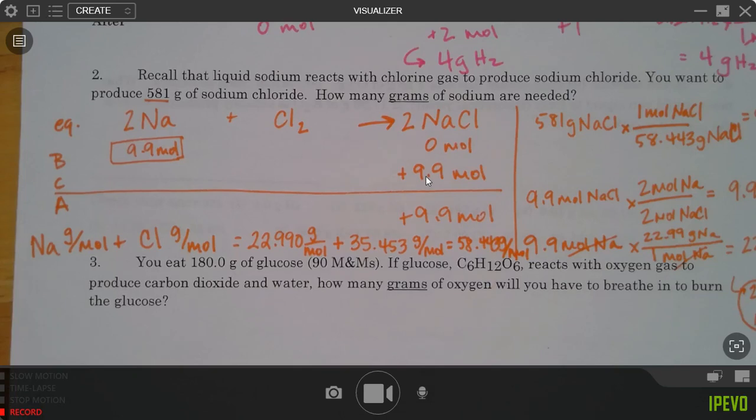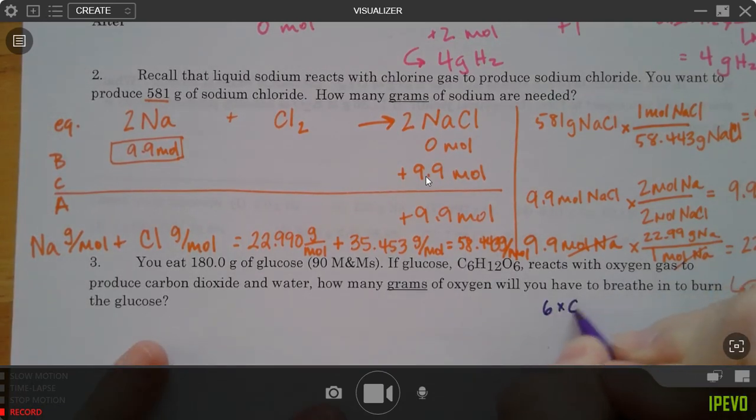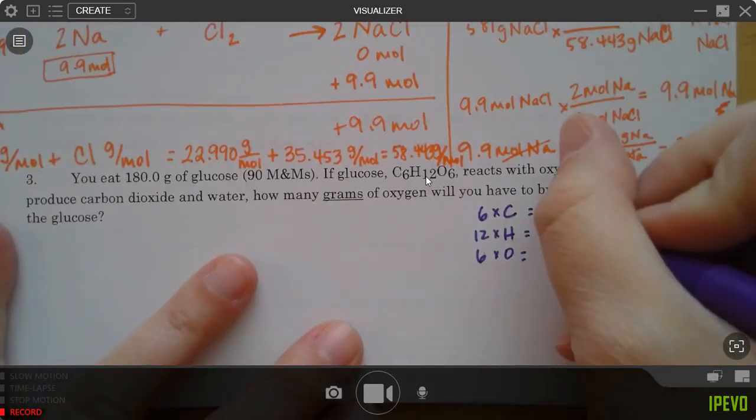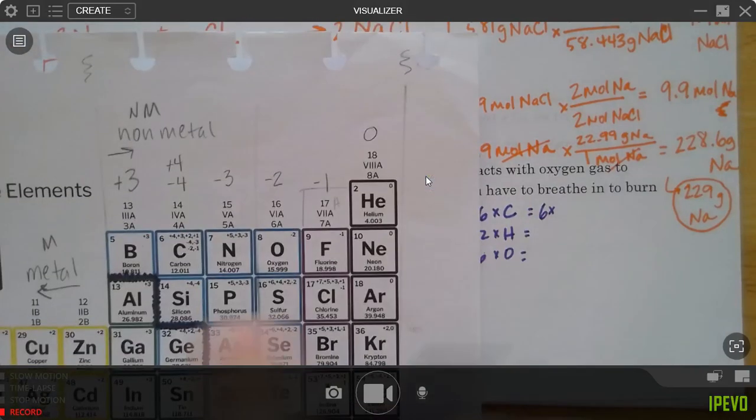Let me just switch colors so you can look there. So with glucose, we've got 6 carbons, 12 hydrogens, and 6 oxygens. And so when you figure out the atomic mass for glucose, you're going to say, okay, I've got 6 of those times the mass for a single carbon, which is going to be 12.011.